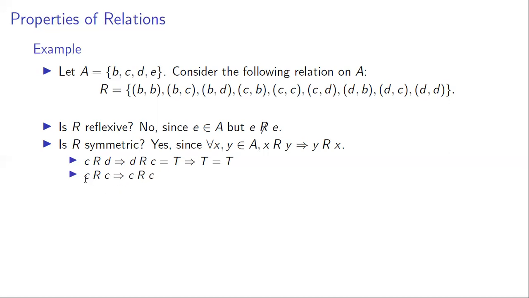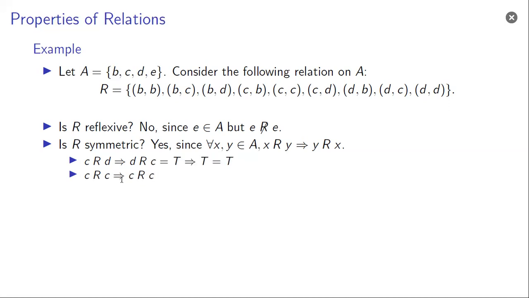Okay, now let's check another example. How about this? If C is related to C, then C is related to C. Notice here, x and y are actually equal to each other. We're trying to show that if x is related to y, then y is related to x, but nothing says that x and y are different. So it's possible that x and y are both C. We want to make sure this is true.